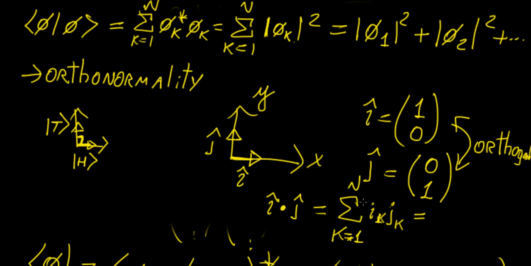We have two elements only. So the first one is going to be 1 times 0, and the second one is going to be 0 times 1. So this is going to be equal to 0. And we can generalize this to any number of dimensions. We say that two vectors, not necessarily unit vectors, but two vectors in general, are orthogonal or perpendicular to each other if their dot product is equal to 0.